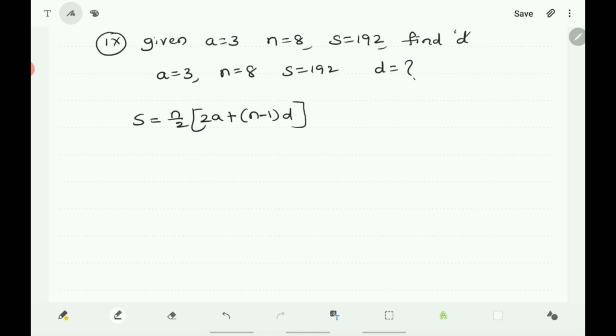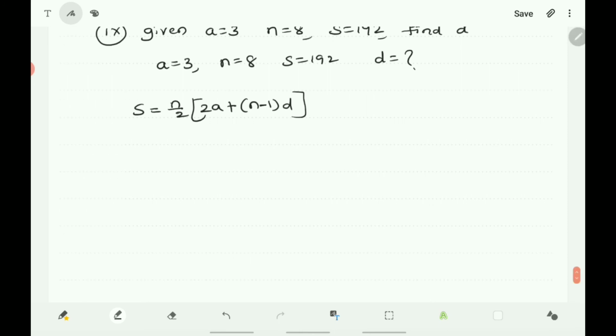Here n and a are given. Therefore, use the formula S is equal to n by 2 into 2a plus n minus 1 into d. Then n is 8 here, 8 by 2 into 2 into 3. a is 3 here. n minus 1 into d is to be found out.